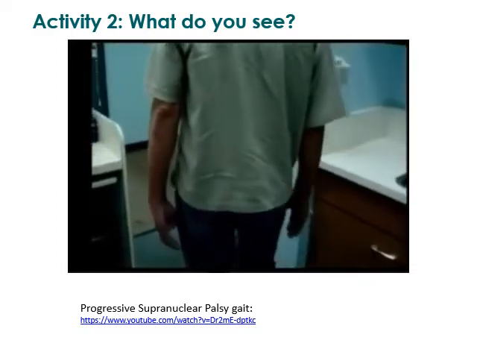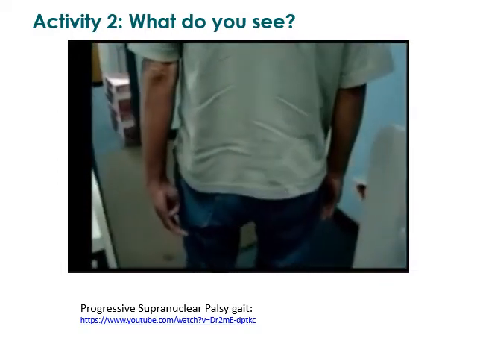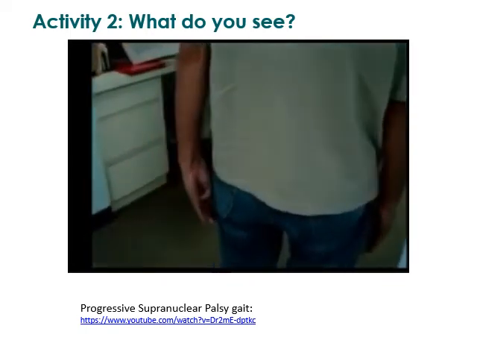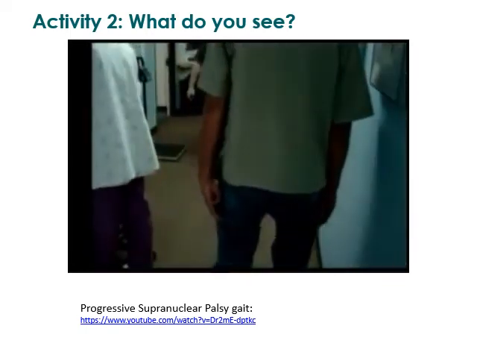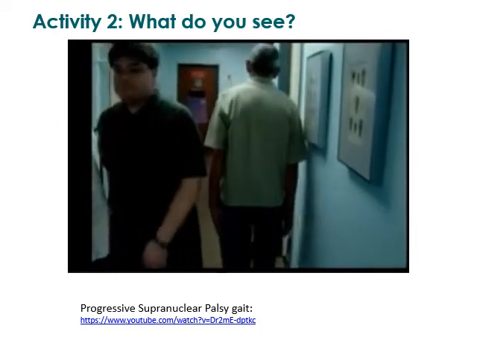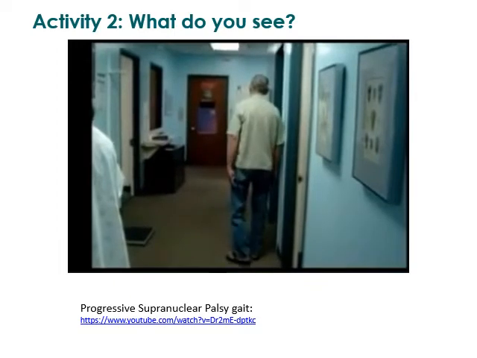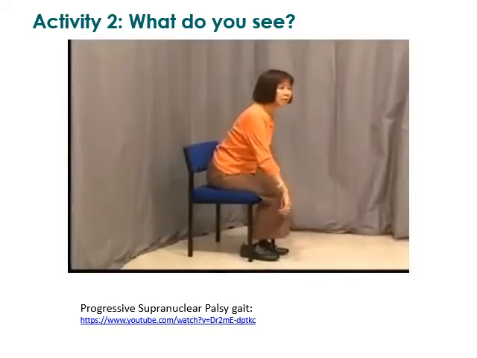Unsteadiness and difficulty in walking is a common presenting feature of PSP. The gait is broad-based, ataxic, and is often unkindly described as the gait of a drunken sailor or a dancing bear.